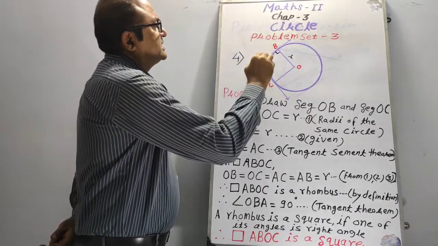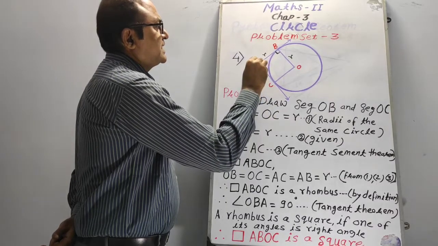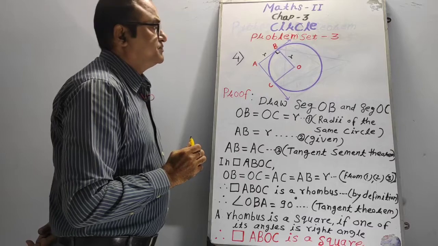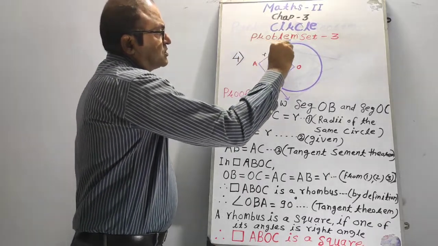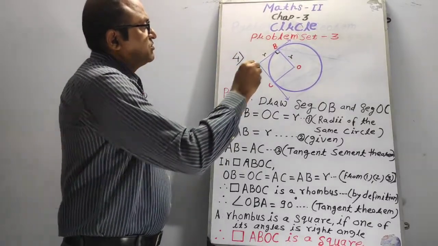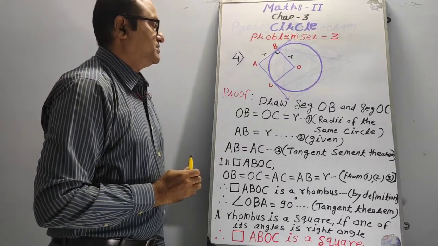Therefore, tangent segment AB is congruent to tangent segment AC by the tangent segment theorem. Therefore, all sides of the quadrilateral are equal. Therefore, this quadrilateral is a rhombus by definition.